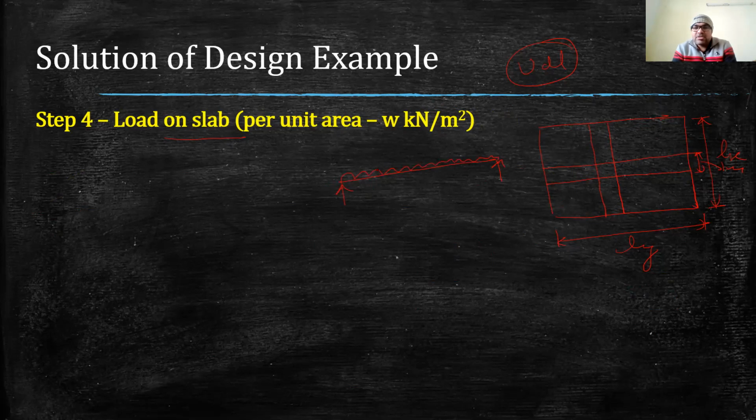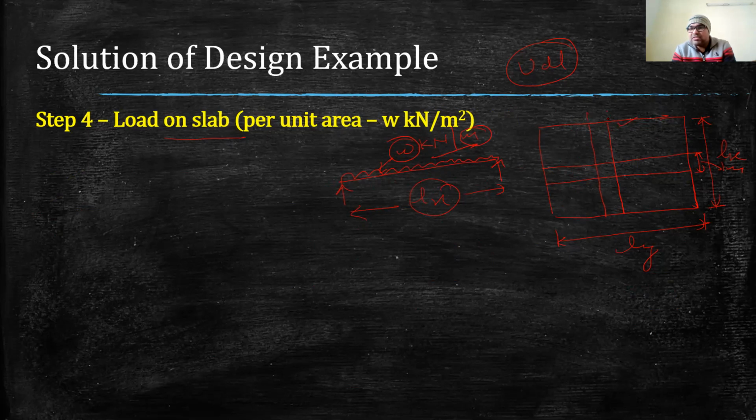It means the slab will be having UDL W kilonewton per meter. In this case, considering this as Lx, if I take this as the whole span Lx, what will be the value of the UDL? UDL is represented as load per meter length, so it means what is the load on this unit strip per meter length.